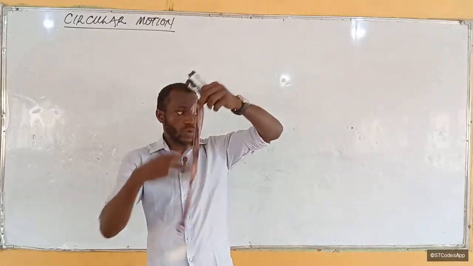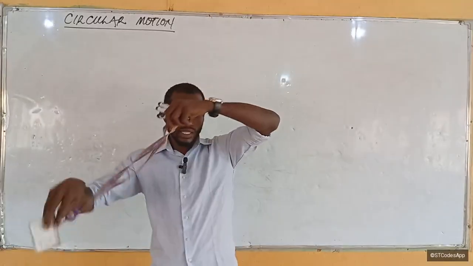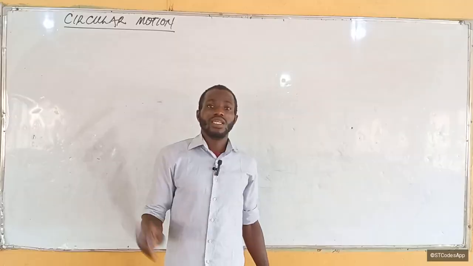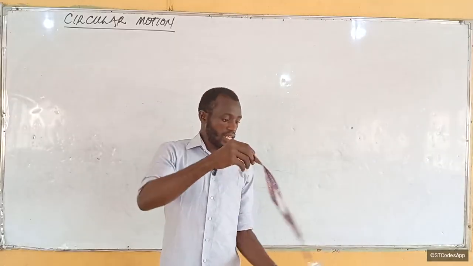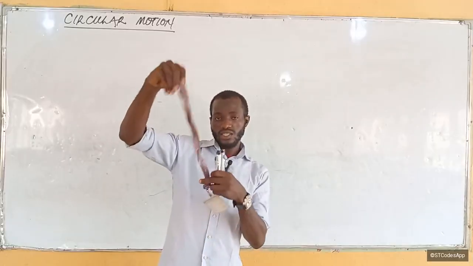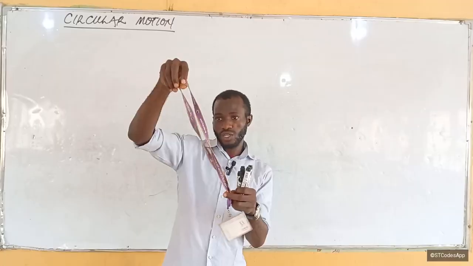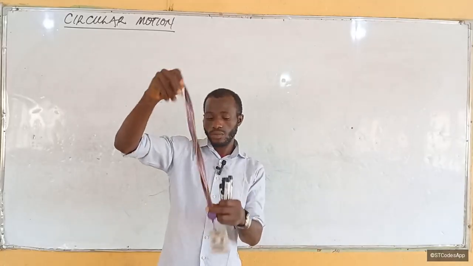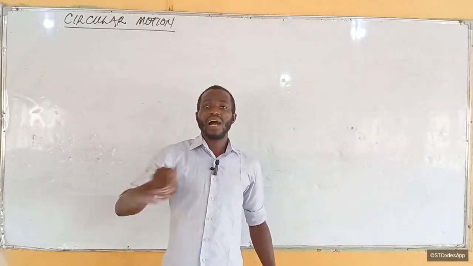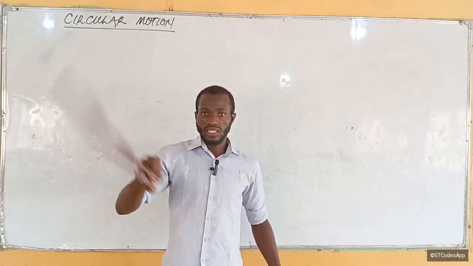If I swirl this thing around like this, provided that this string, let's think of it as a string, is inextensible, this body is going to maintain a regular circular path as it goes like this.